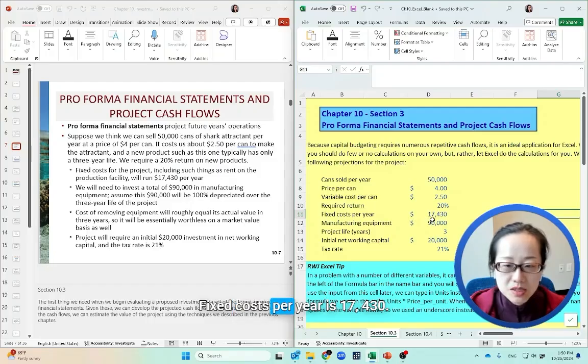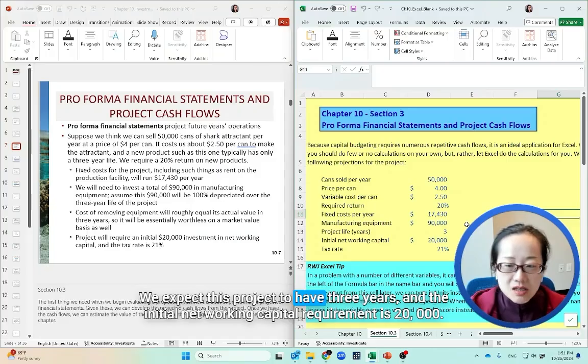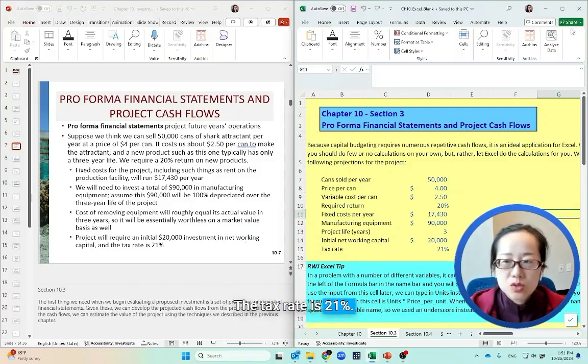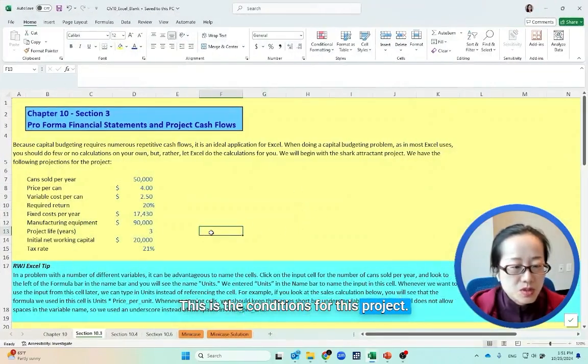Fixed costs per year is $17,430. The equipment investment is $90,000. We expect this project to last 3 years, and the initial net working capital requirement is $20,000. The tax rate is 21%. These are the conditions for this project.